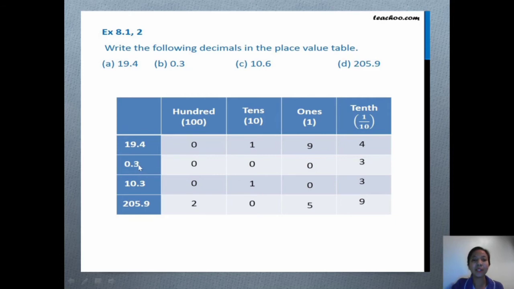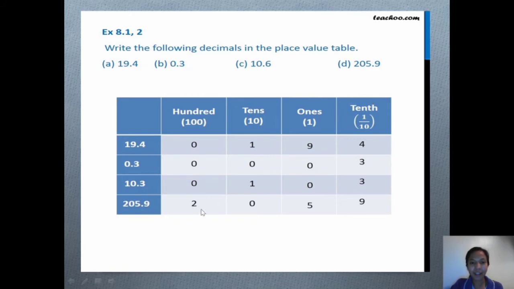So we have here 3 as our tenths place. Alright? Next, hundreds. There is no number, so just 0. Tens is 1. Ones is 0. Tenths is 3.